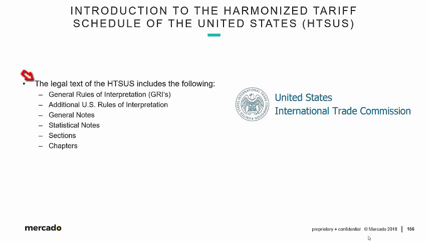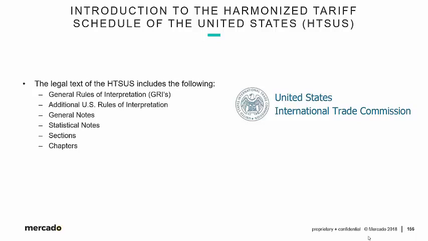The legal text of the HTS includes the following: General Rules of Interpretation, the GRIs as they're called. We'll have lots of examples using those. Additional U.S. Rules of Interpretation. The GRIs are agreed to as part of membership in the World Customs Organization. Everybody uses these GRIs, at least they're supposed to.